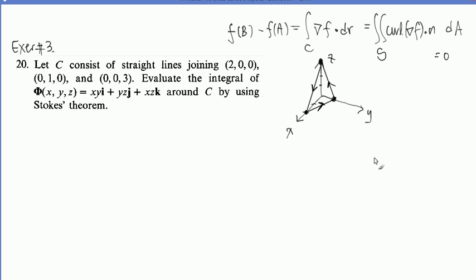If you have to compute this directly, you have to parameterize the surface, right? Correct? And how would you parameterize this surface? Do you think the Monge parameterization is available? If so, you have to write this plane as z equals something, f of x, y, right?